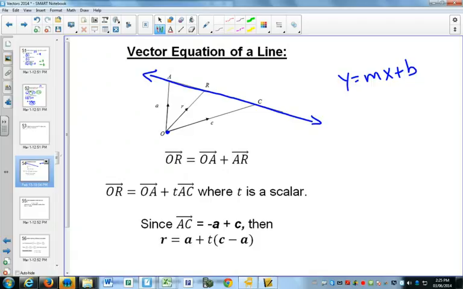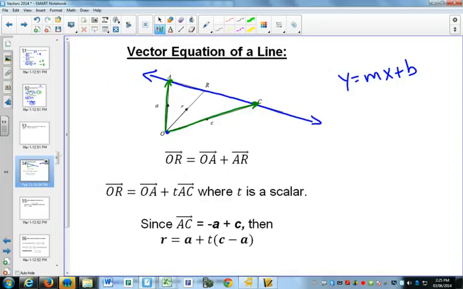And the idea is if you take any point on that line, so here's a point A, then that point A can be represented by the vector OA, which is a position vector. And you take another point on that line, C, and that can be represented by its position vector, OC.